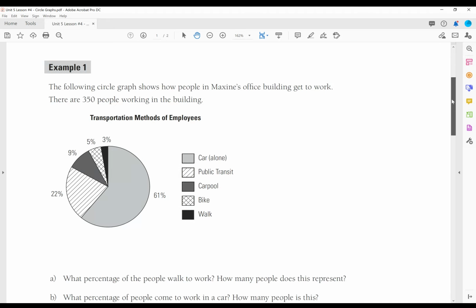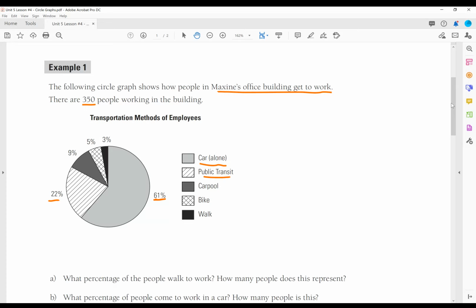So for instance, in this example, we have a circle graph. It shows how people in Maxine's office building get to work. There are 350 people working in the building. So of those 350 people, 61% take a car by themselves. 22% of the people take public transit.